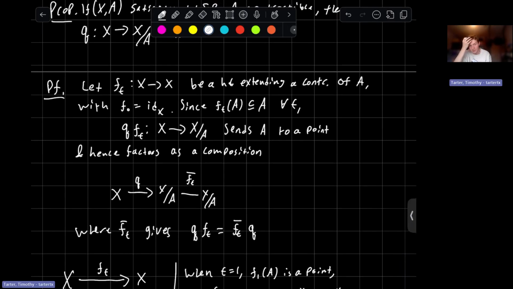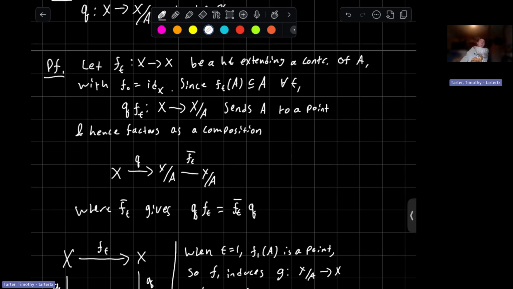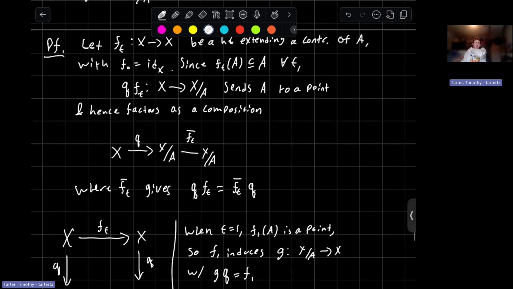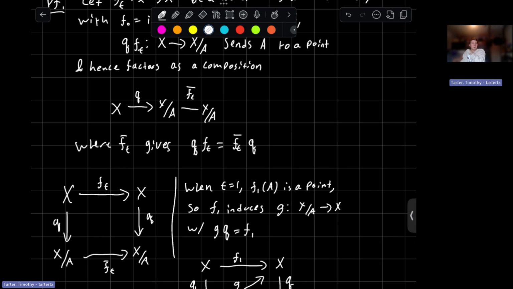And so what this means is that all of the deformations lie within A. There are no deformations outside of A. And so we're saying if we let the f naught map be the identity, that's given by the homotopy extension property, then we can fix q to go to a point within its mod.